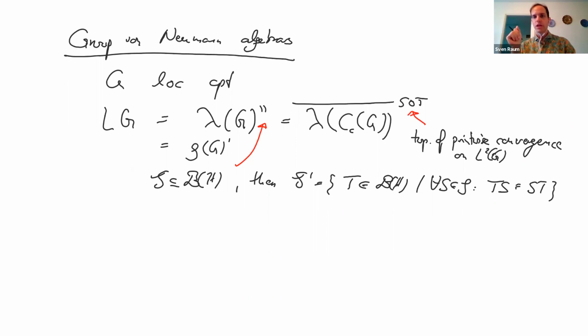It's a very useful and elementary topology that one uses as an operator algebraist, and it has this name, strong operator topology. I mean, every field has its own names, so that's fine. So we have two points of view on this algebra.